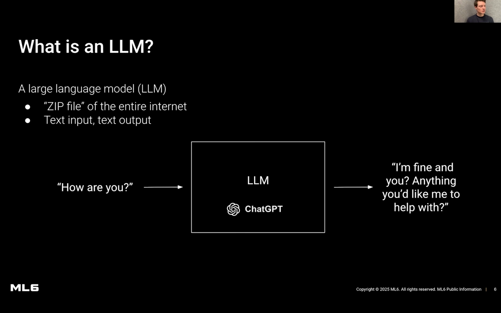So since these models have seen so many conversations on the internet, they are capable of generating answers that seem plausible. For example, if you just want to have a chat with it. So in those type of scenarios, it works fine.